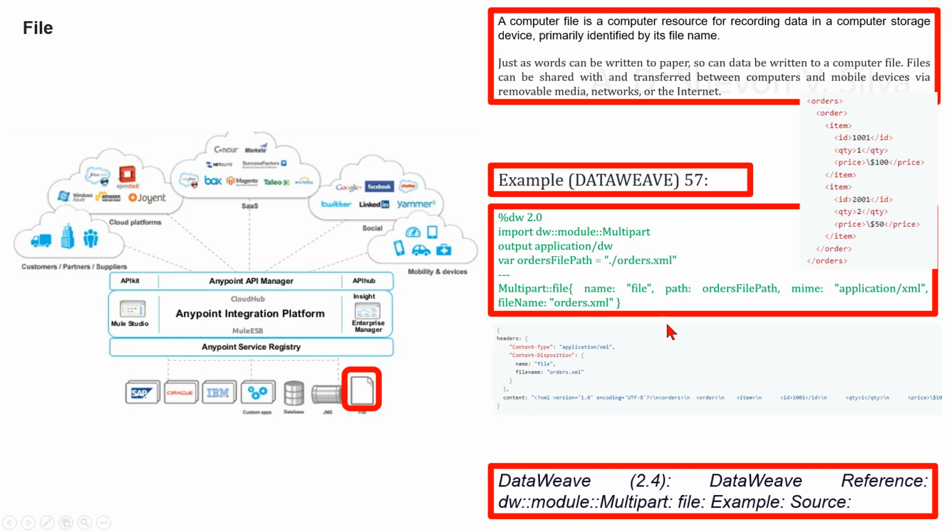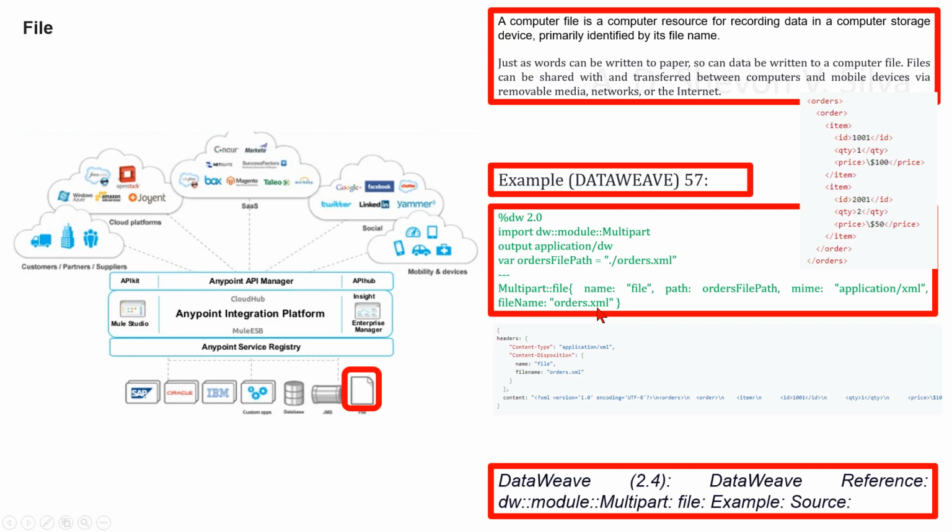This example creates a multipart part from the file accessible to the data view function. The file name is orders.xml and is located in the Mule application src/main/resources.